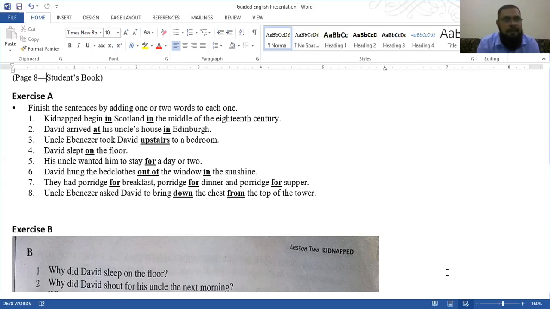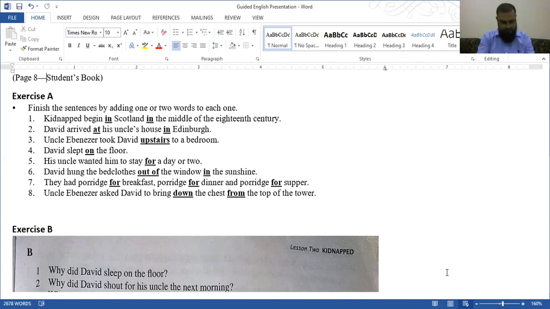Number 3, Uncle Ebenezer took David upstairs to a bedroom. Number 4, David slept on the floor. Number 5, his uncle wanted him to stay for a day or two. Number 6, David hung the bedclothes out of the window in the sunshine.